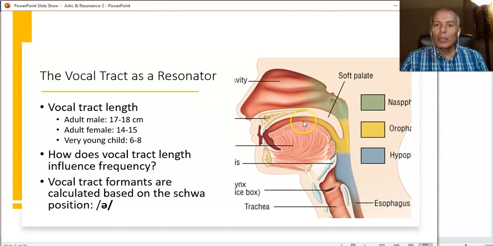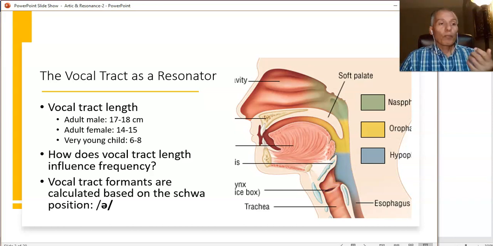This is the position of the vocal tract at rest. How do you know its resonant frequency? We know that for any tube, in order to know the frequency of the tube, you have to put a sound wave into it. You have to put a tone into it. So the only way we can put a tone into it is if we produce a sound through the vocal tract.